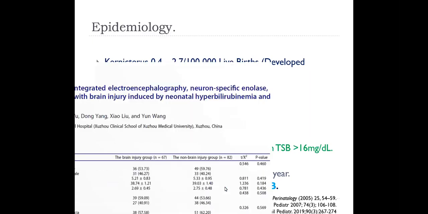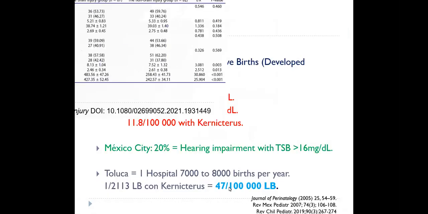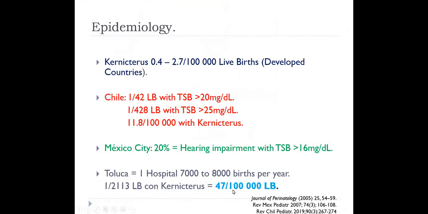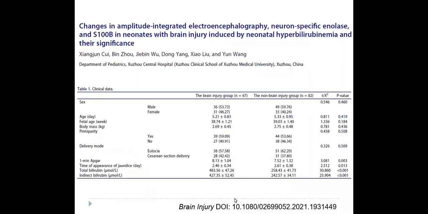That means 47 for each 100,000 live births. This is 20 times more than this. It's a very significant difference.